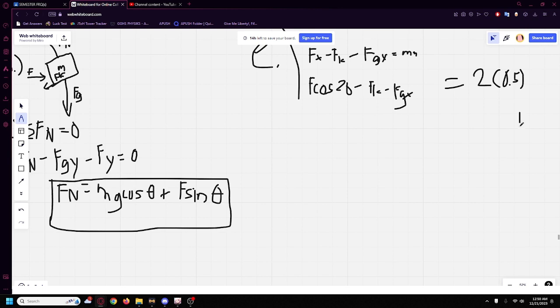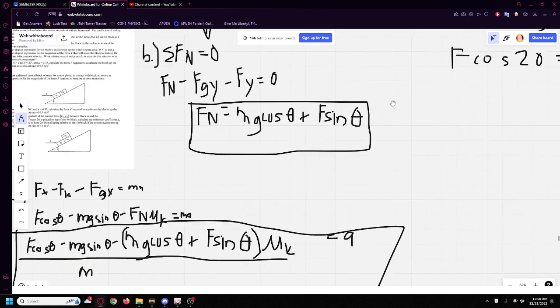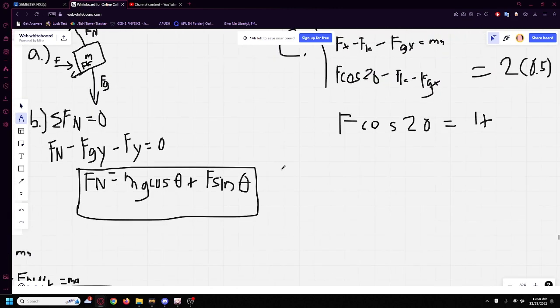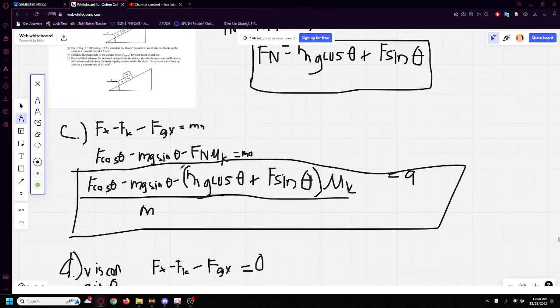So F cosine 20 is equal to 1 plus F_k, which is the same thing as F_N mu_k, which is the same thing as this.